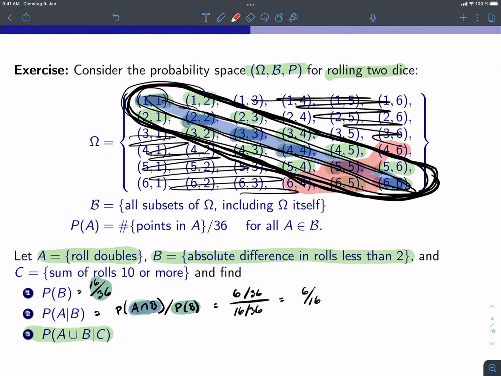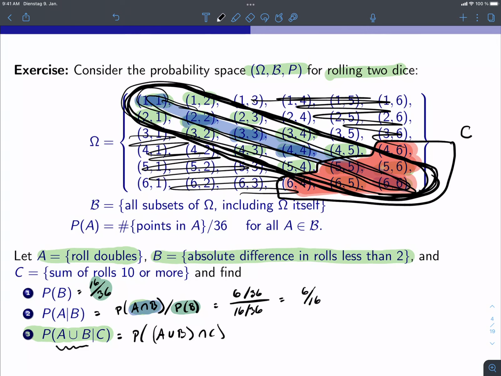It looks like that's everything down in this corner is the event C. And so now I want A union B conditional on C. So this is going to be A union B intersect C divided by the probability of C. All right. Probability of C is 1, 2, 3, 4, 5, 6 out of 36. So 6 out of 36 on the bottom.